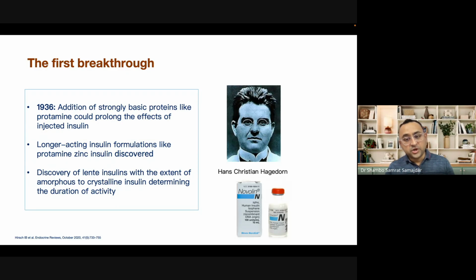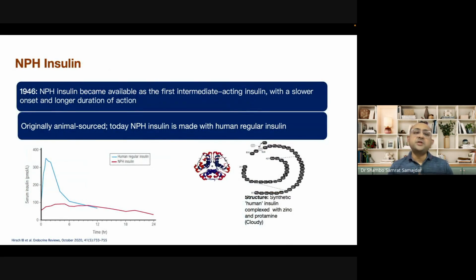We need to acknowledge this scientist, Hans Christian Hagedorn. From his name we got NPH. NPH insulin in 1946 was first available as an intermediate-acting insulin with a slower onset of action but longer duration of action.